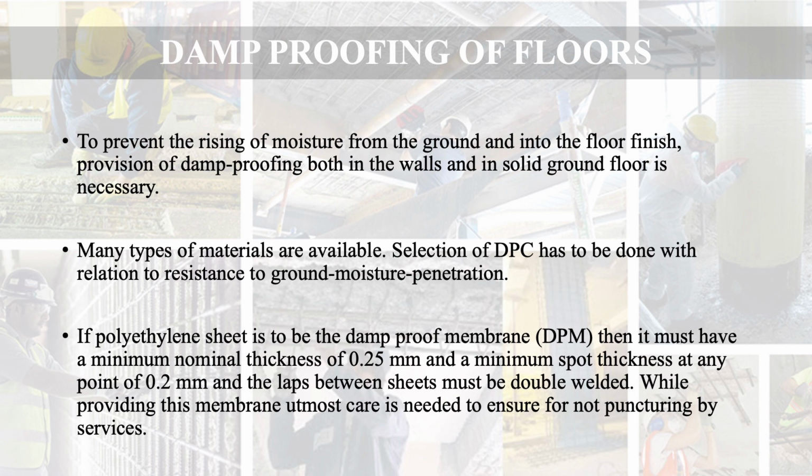If polythene sheet is to be the damp proof membrane, then it must have a minimum nominal thickness of 0.25 mm and a minimum spot thickness at any point of 0.2 mm, and the laps between sheets must be double welded. Where there is an overlapping of the sheet, it must be double welded. While providing this membrane, utmost care is needed to ensure that it is not punctured by any of the services.